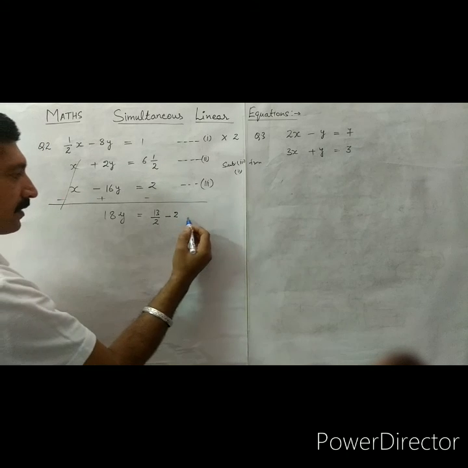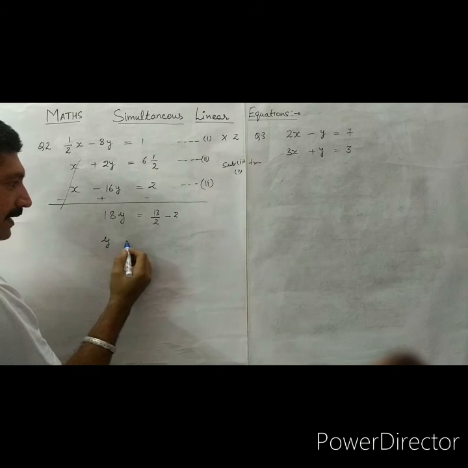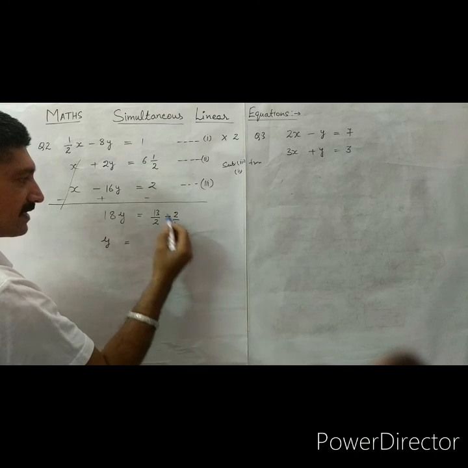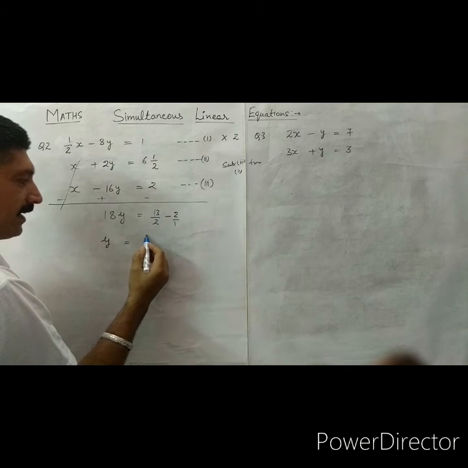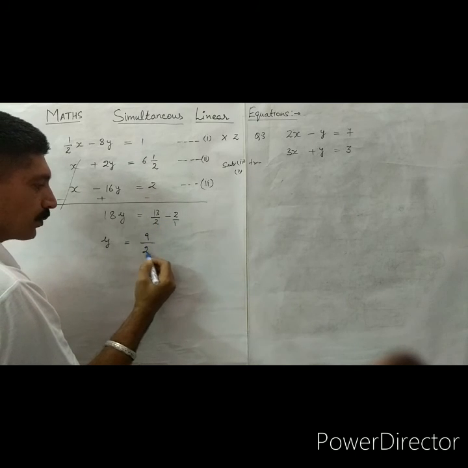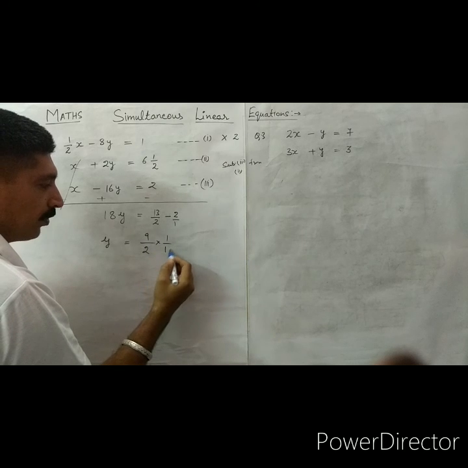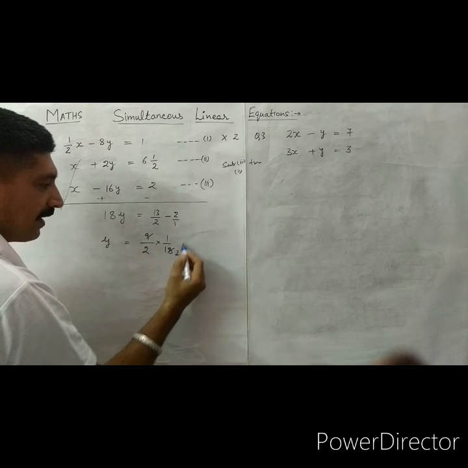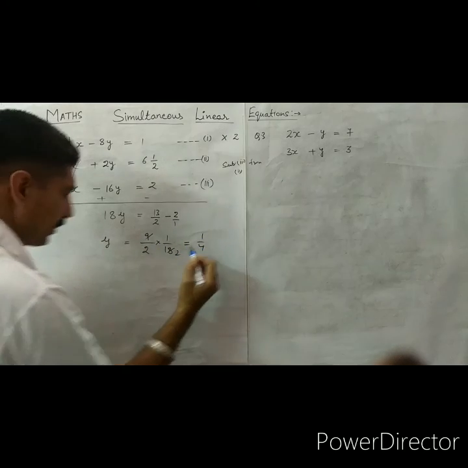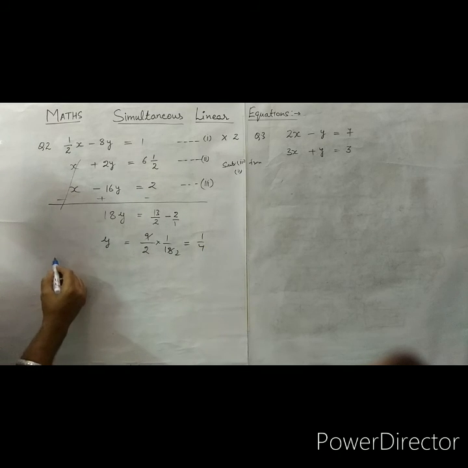So here we have y is equal to, by taking LCM, 9 upon 2 into 1 upon 18. So we have the answer 1 by 4. So y is equal to 1 by 4.